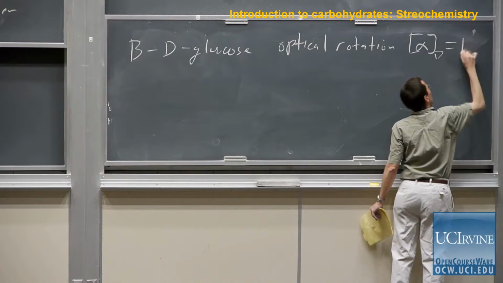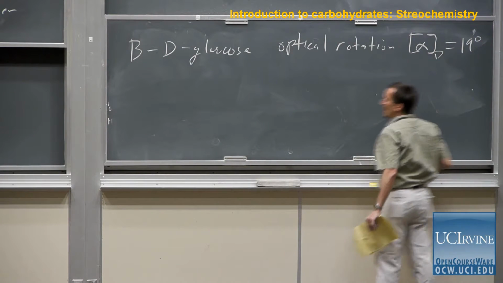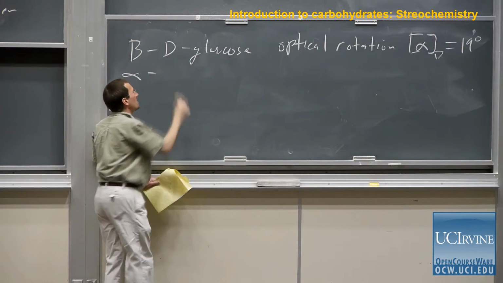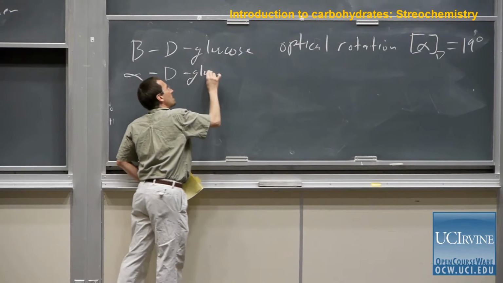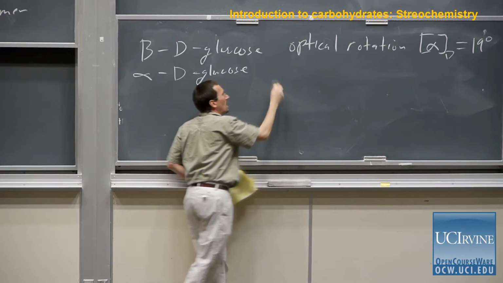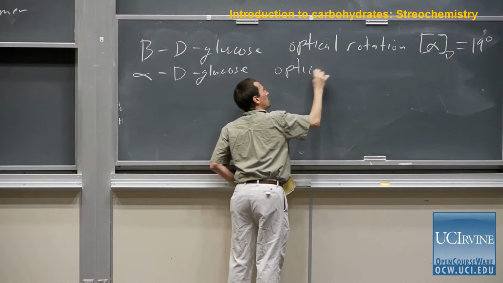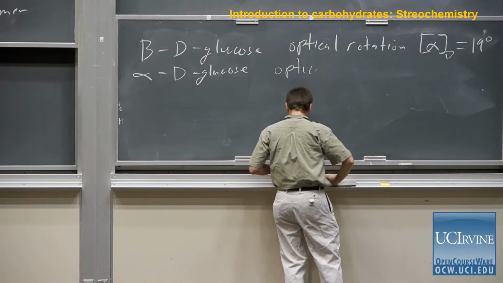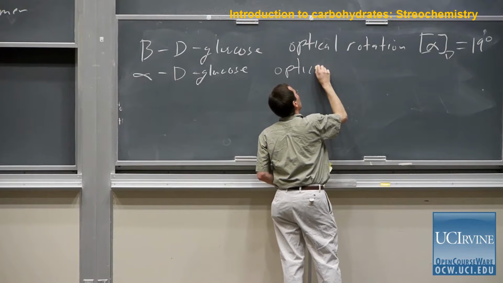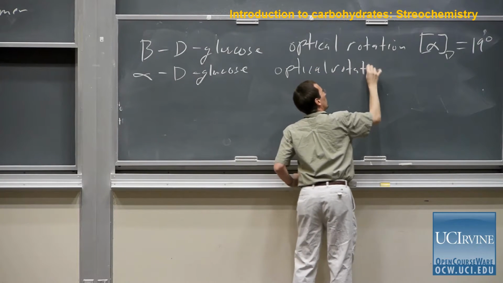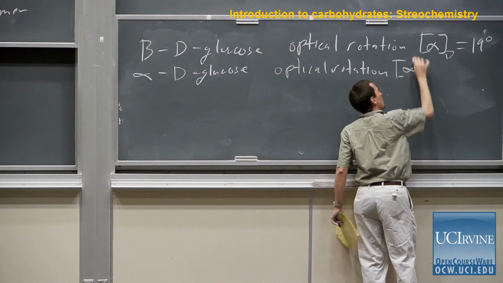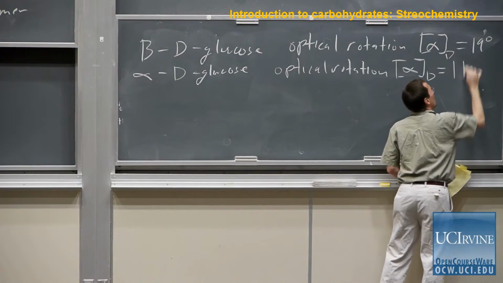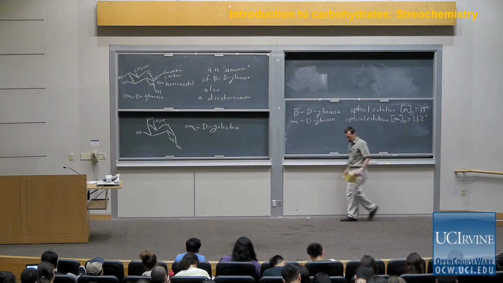Anyway, that one is often used, and you rotate it by 19 degrees. Now, alpha D-glucose is a different stereoisomer, and so it rotates plane polarized light to a different extent. The optical rotation of alpha glucose is 112 degrees. They call it specific rotation if you want to be exact rather than optical rotation, but optical rotation I think is a little easier to understand.